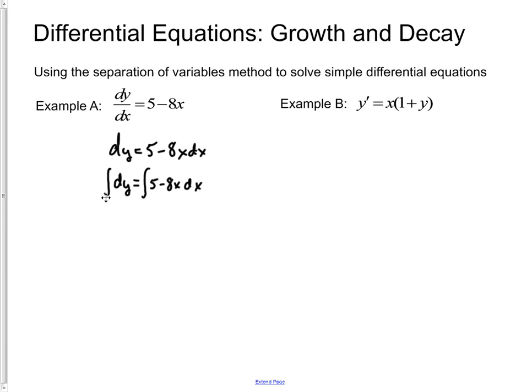Now on the left, what happens when we take the integral of dy is that we get y. Well, you could say y plus a constant, but all the constants are going to be gathered together anyways. So we'll add on any constants that we get to what we find on this other side.